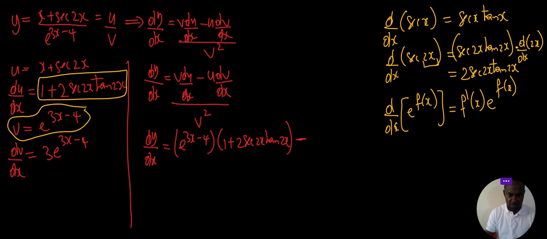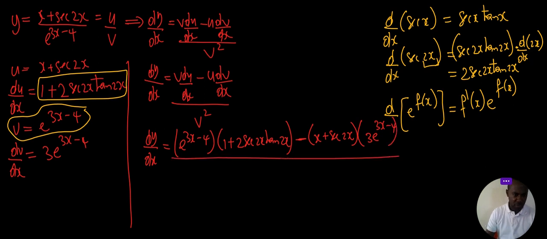Then we're going to subtract from that u, which is x plus sec 2x, times dv by dx, which of course is 3e to the 3x minus 4. And all of this is going to be over v squared, where v is equal to e to the 3x minus 4, all squared. So this is what that is.